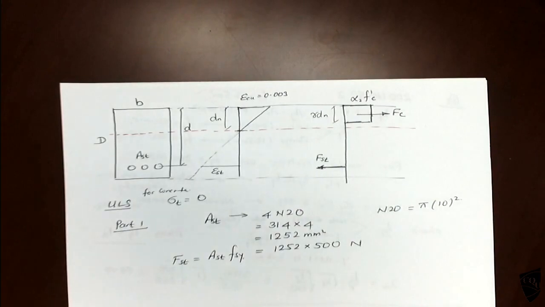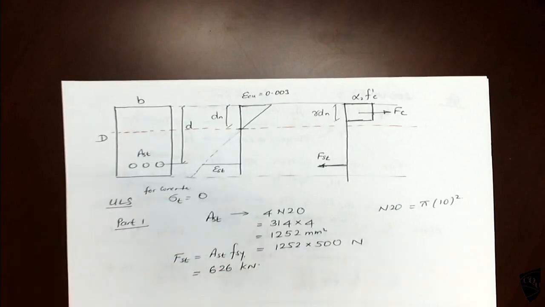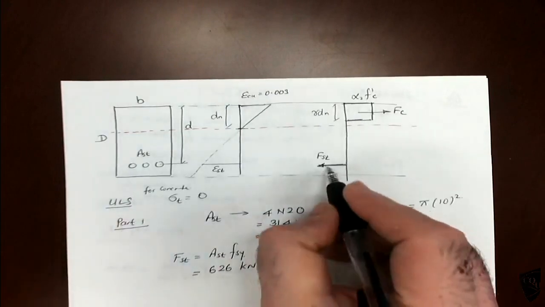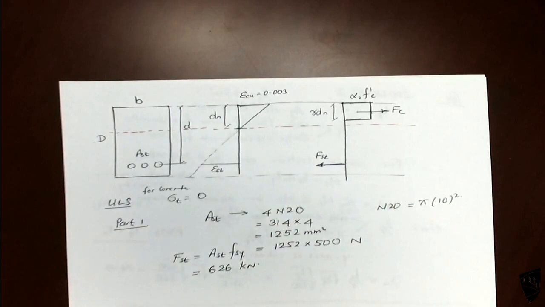If you work out, 626 kilonewton force. So the steel will have this much force.